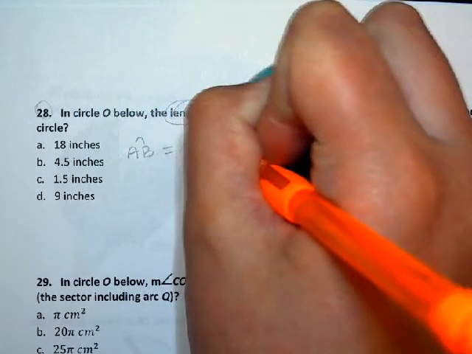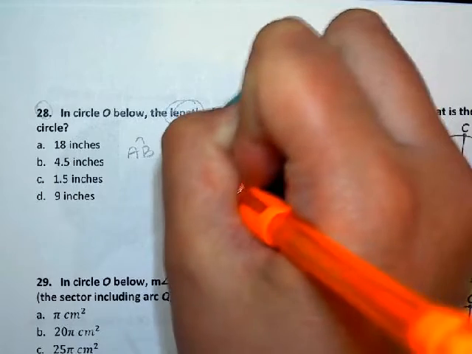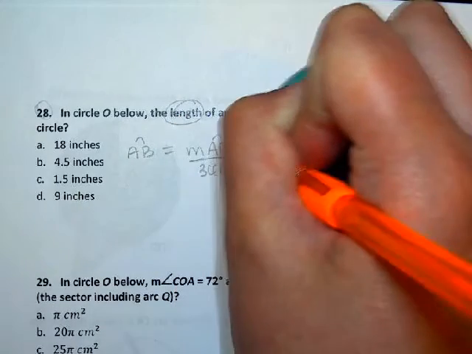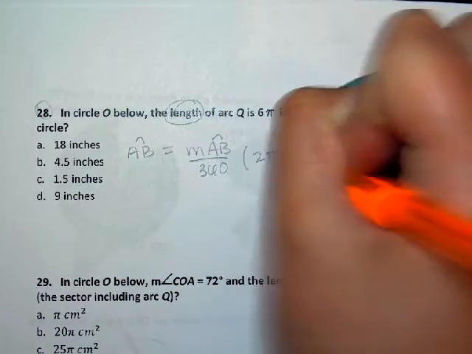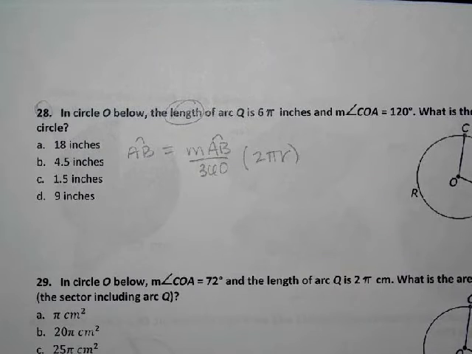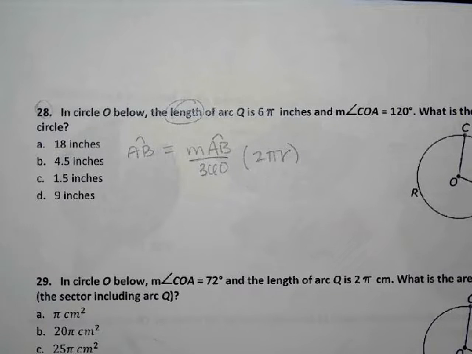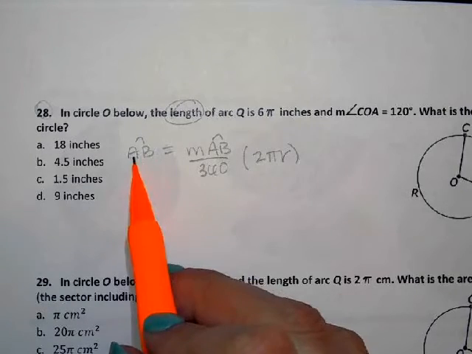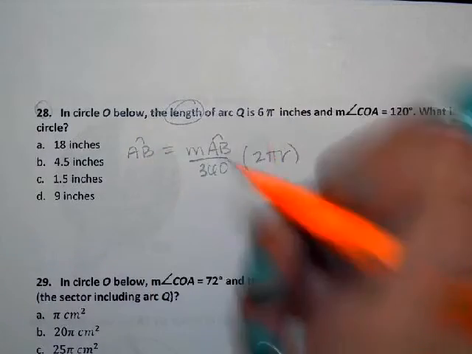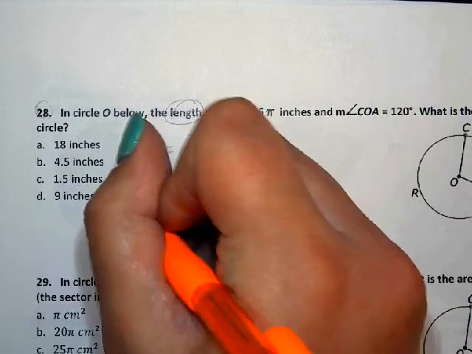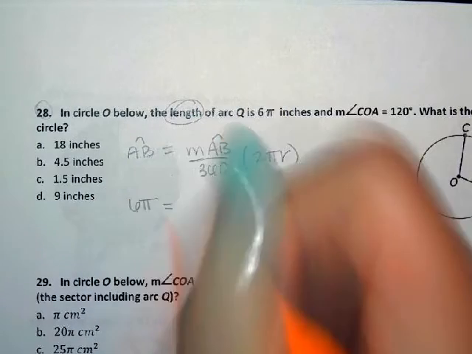And now we get to start plugging in the things that we know. So what did they tell us in the problem? Okay, the length of the arc is 6 pi, so I'm going to take the arc length AB out and put 6 pi in there. 120 is the angle measure, which is going to be exactly the same as the arc measure.